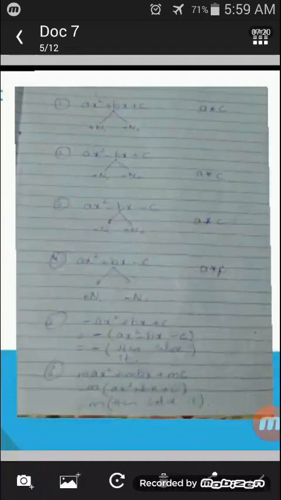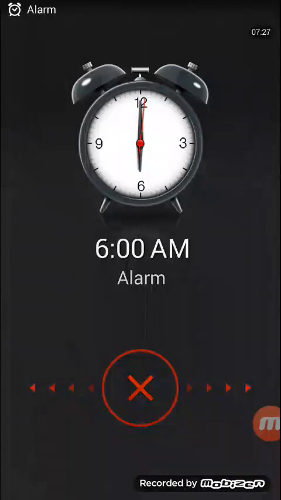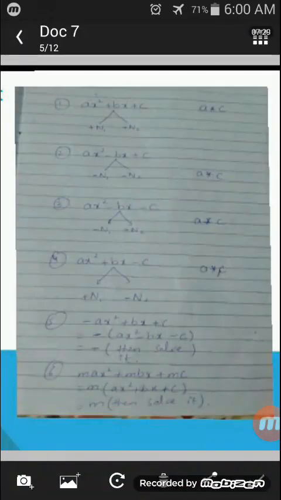So minus will be changed into plus and plus will be changed into minus. So minus into minus plus, minus into minus plus, and minus into minus plus. Minus sign will remain outside the bracket, then solve the previous method same as it is.